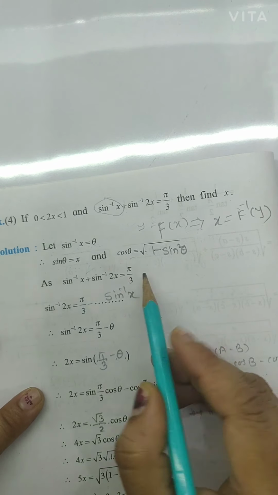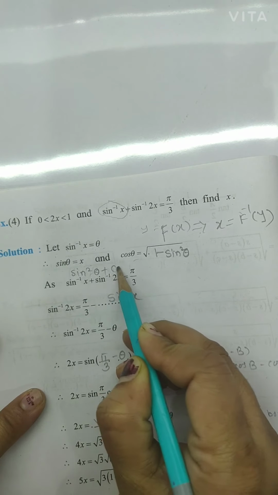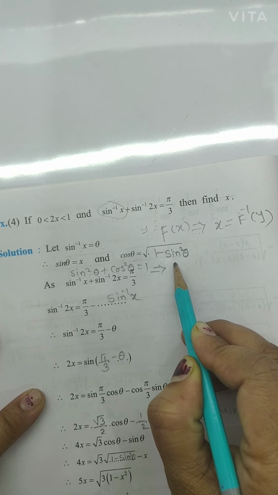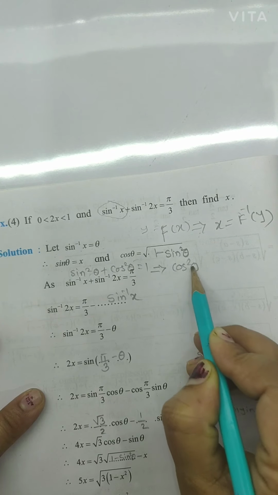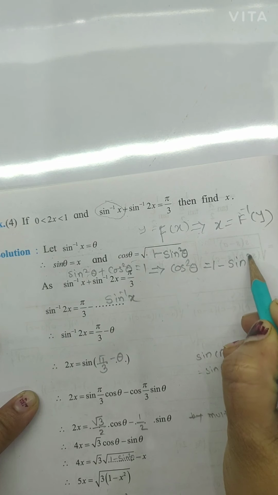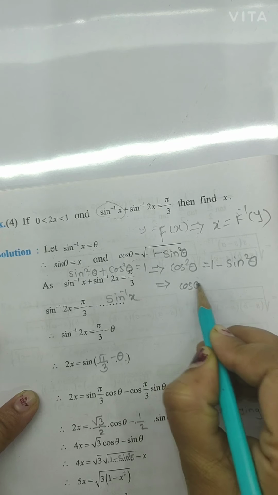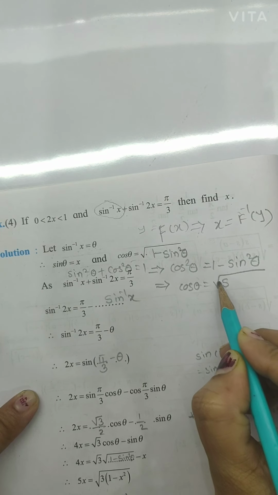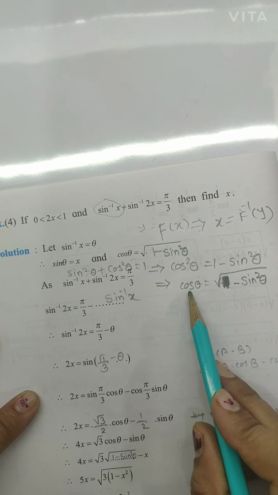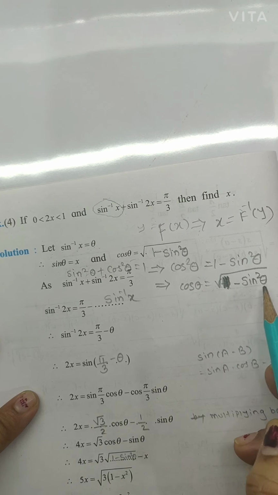According to the identity formula, sin square theta plus cos square theta is 1, and this implies that cos square theta equals 1 minus sin square theta. And if I want to find the value of cos theta, then we will take the root of this one. So it becomes root of 1 minus sin square theta.